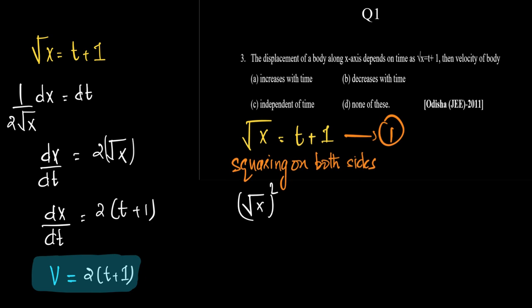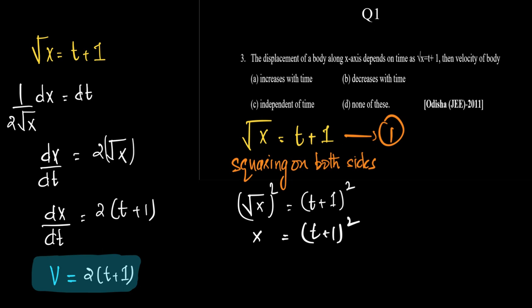It becomes root x the whole square is equal to t plus 1 the whole square. Now what is root x the whole square? x. What is t plus 1 the whole square? Yes, t square plus 2t plus 1. I do understand, but we are not going to expand this. We're just keeping it as t plus 1 the whole square.